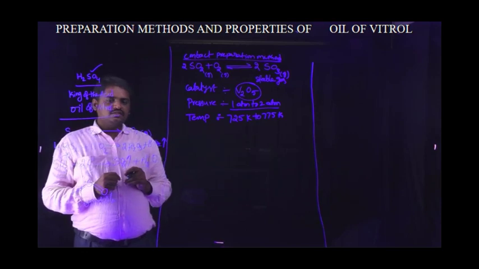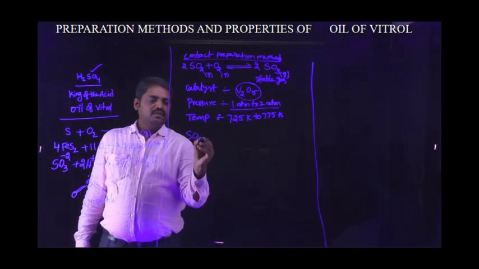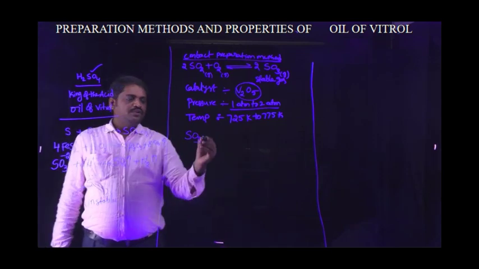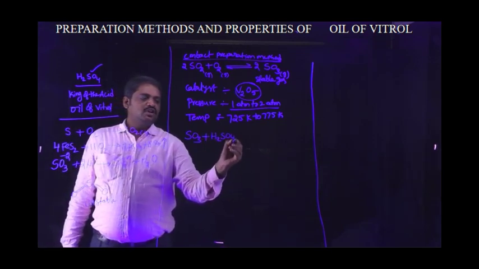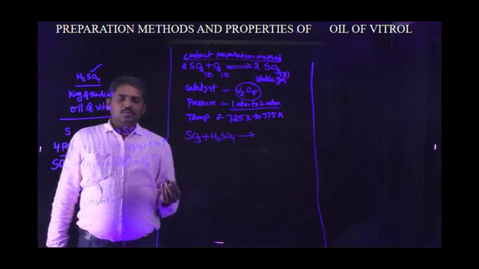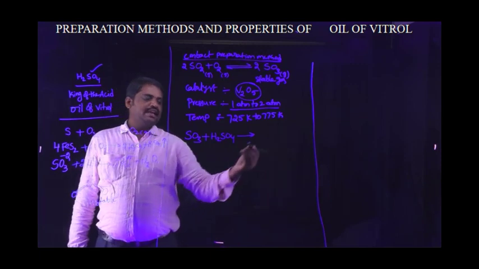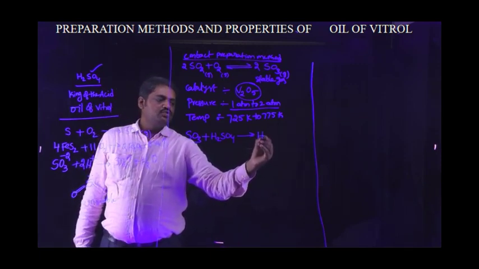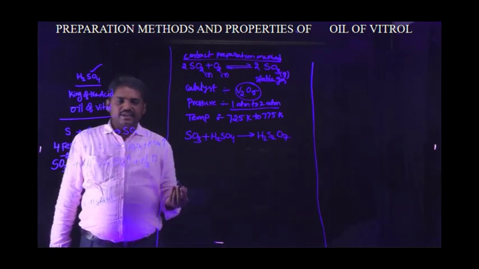And next one, the sulfur trioxide reacts with a small amount of sulfuric acid to produce oleum, which means disulfuric acid, H2S2O7.